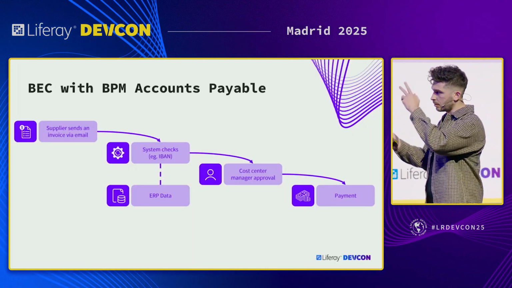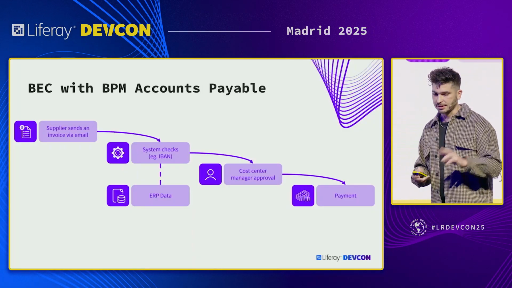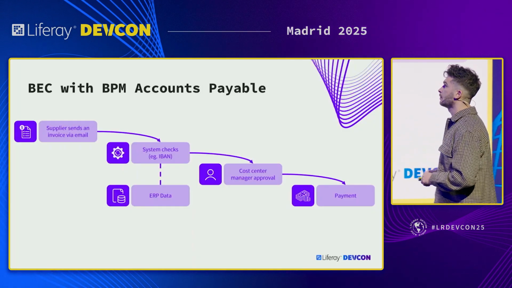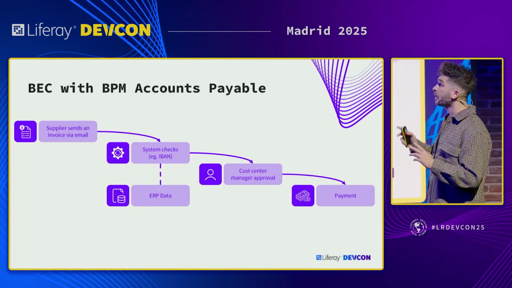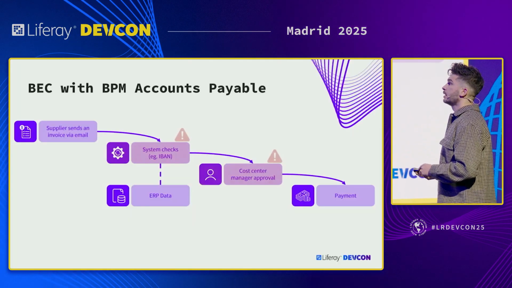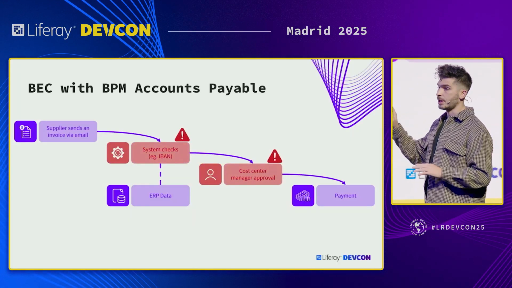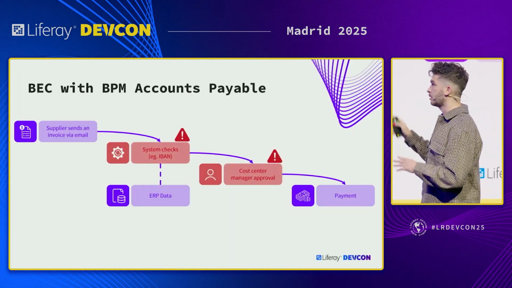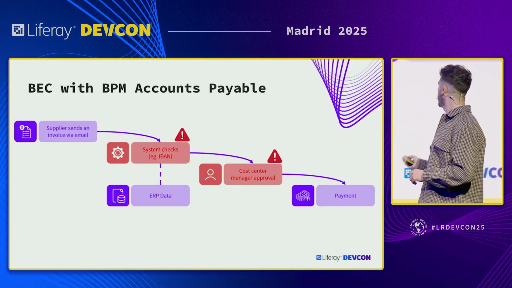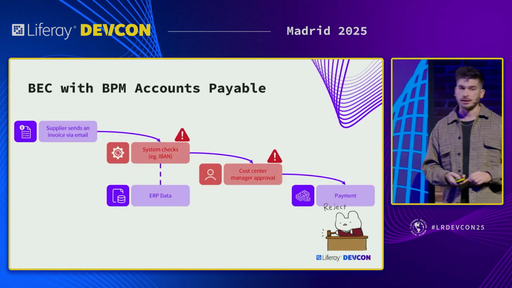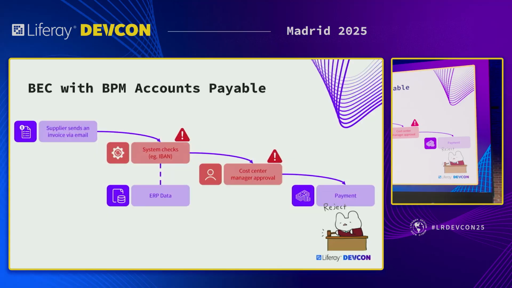So a BEC, that kind of fraud that he applied, with a BPM up and running, at least in two steps, you would not be able to pass the controls and would be rejected. It is so important.